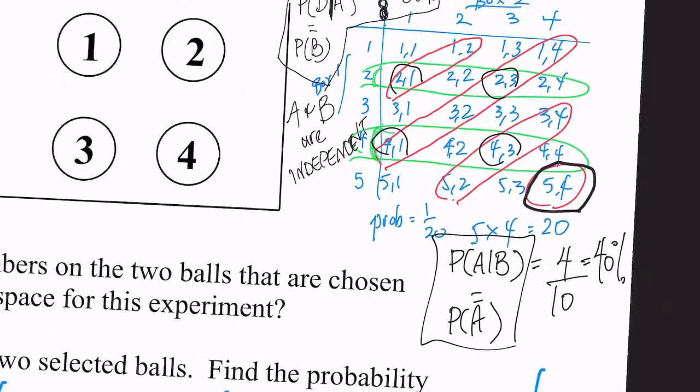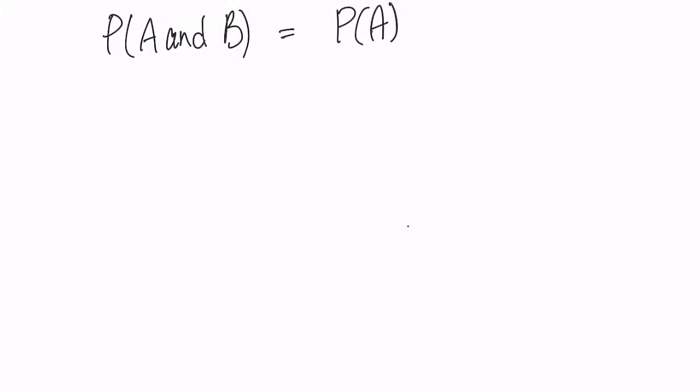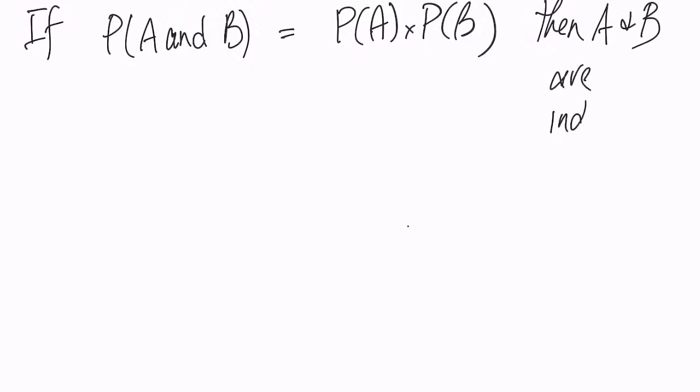The other way to demonstrate this is to write... if you can show that this is true, then you've shown that A and B are independent.